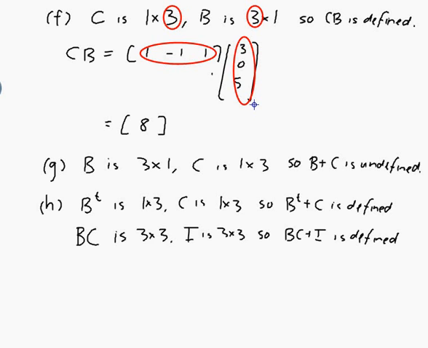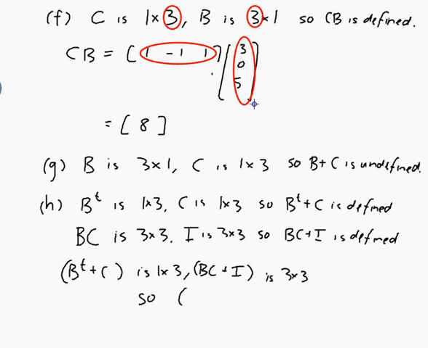And finally, we need to do the multiplication. So let's see. B transpose plus C would be the same size as both B transpose and C, so it's 1 by 3 as well. And BC plus I is 3 by 3.